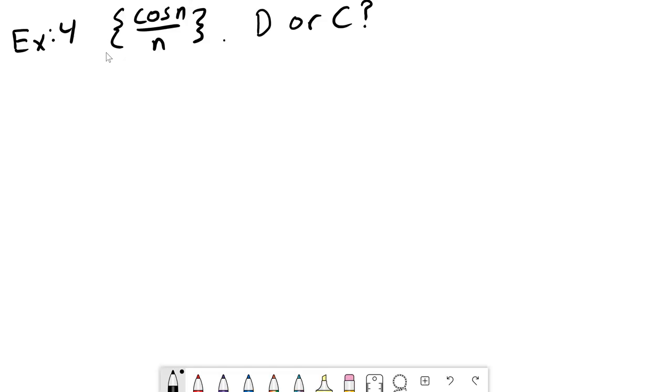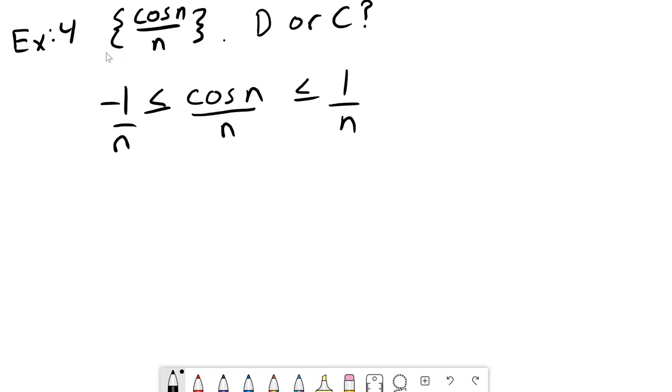So we have to be using the sandwich theorem, and that's kind of weird. What do we know about cosine? We know cosine of n always has to be between these two numbers. This is what we usually like to start with, between two numbers that we know for sure. What happens when we divide it by n? All sides get divided by n.